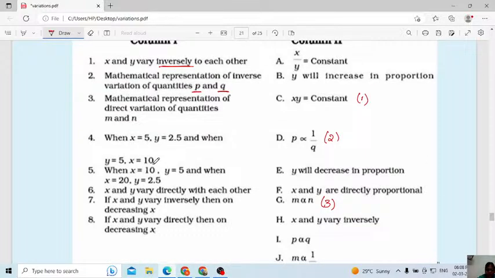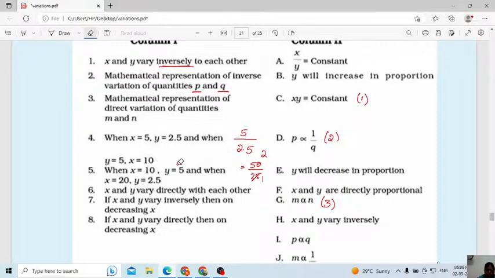X and y, see, I will find the ratio here. 5 divided by 2.5. Can I write this as 50 divided by 2.5? 5 ones are 5, 5 twos are 10. Again this ratio is 5 by 10. No. Here the y value is given first, the x value is given second.